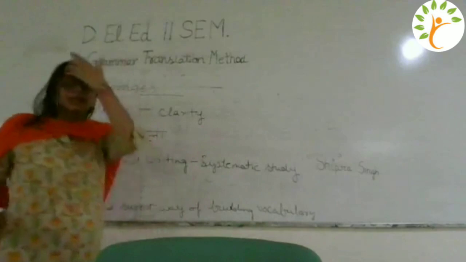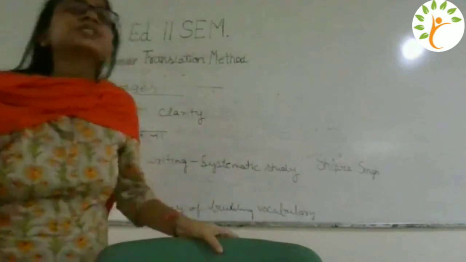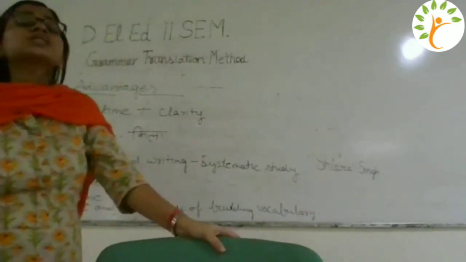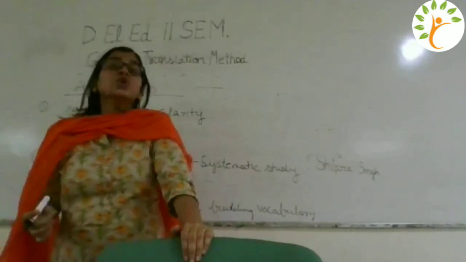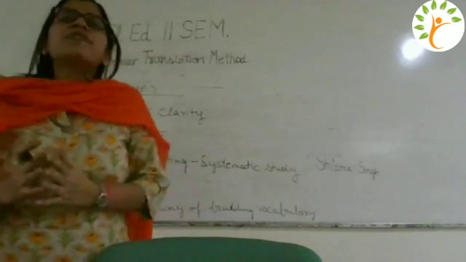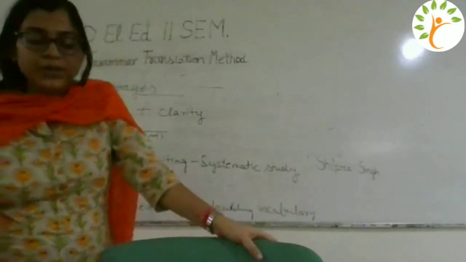Grammar translation method is the fastest and the surest way of building vocabulary because students are given a lot of vocabulary building exercises. So there is a lot of expansion of their vocabulary.